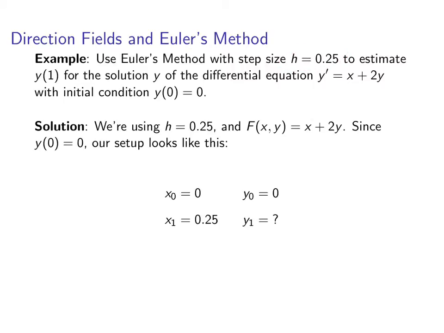Now what we don't know is y of 1. We're going to be computing that. But we do know all the x values. So our setup looks like this, which means what we're looking for is this final y value, y sub 4. That's what we're going to be trying to compute. That's going to be our final answer when we get to it.